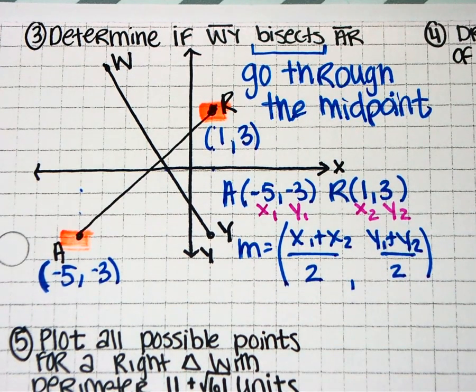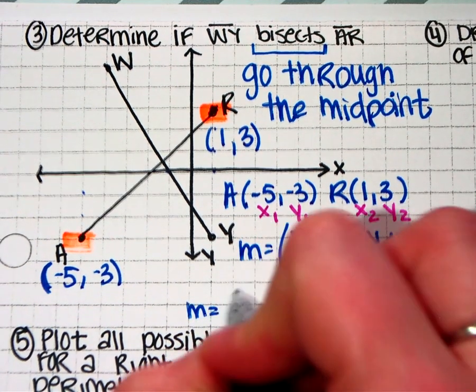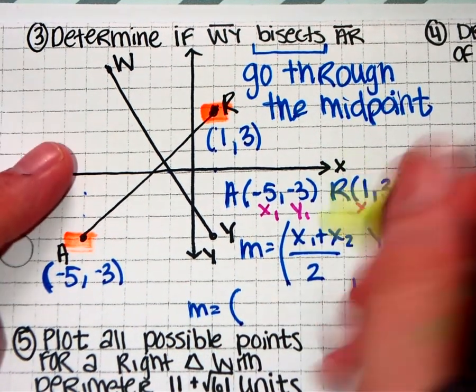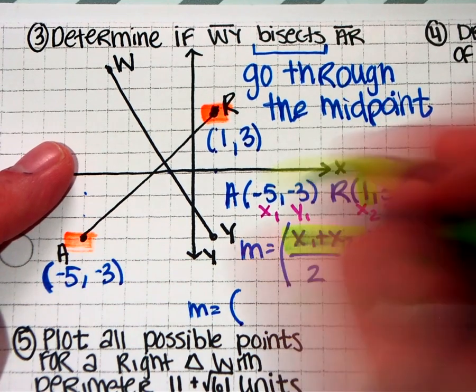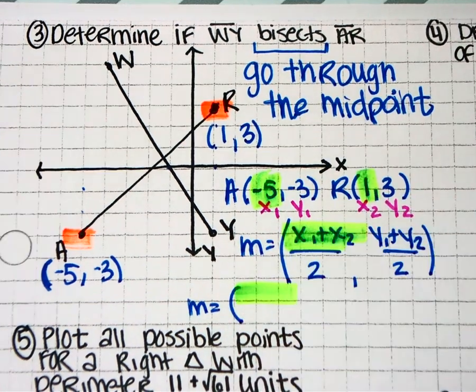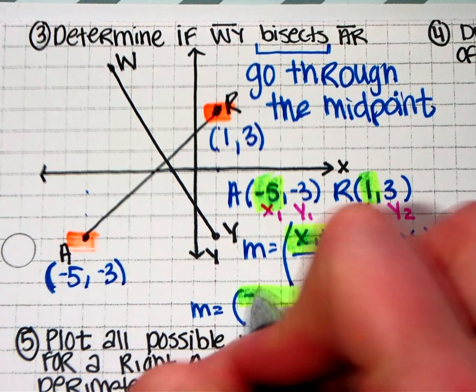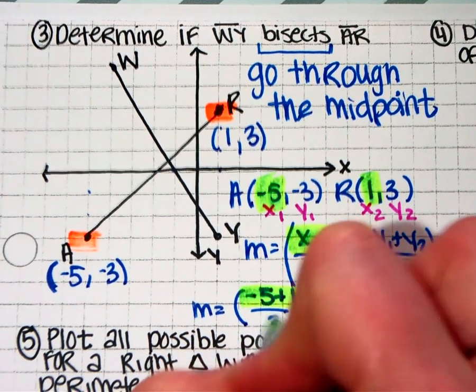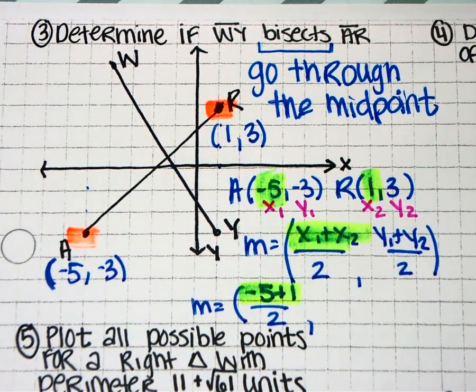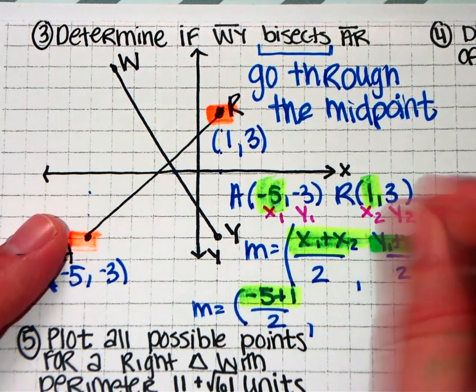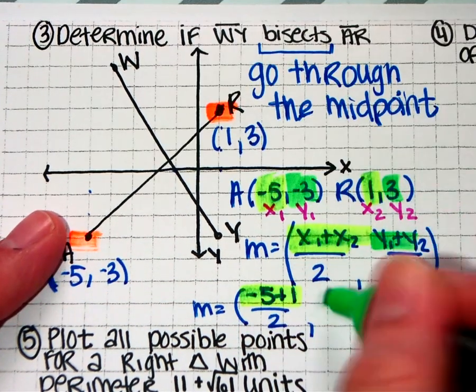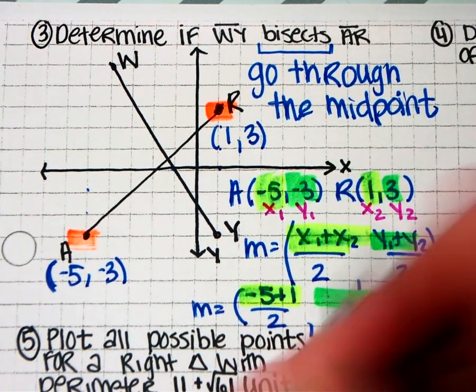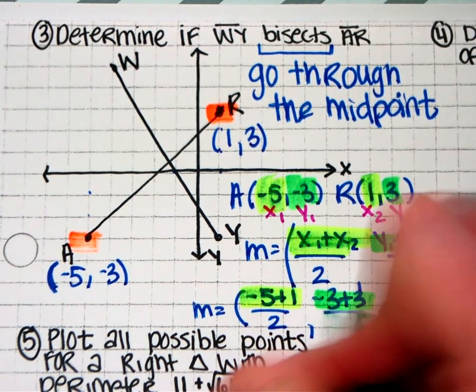Basically we're going to add our x values together: negative 5 plus 1 over 2. We're going to do the same thing with the y values, negative 3 and 3: negative 3 plus 3 over 2.